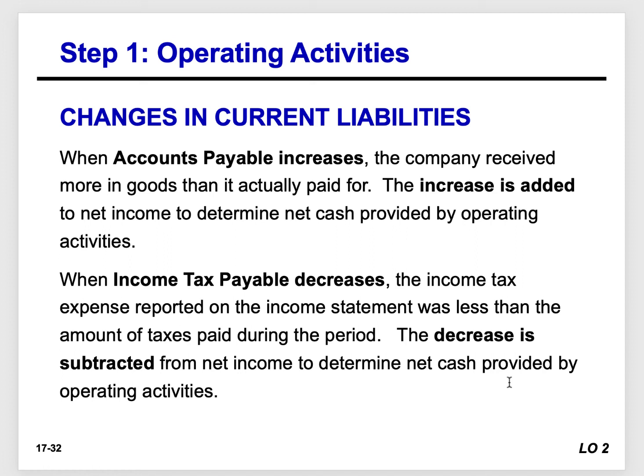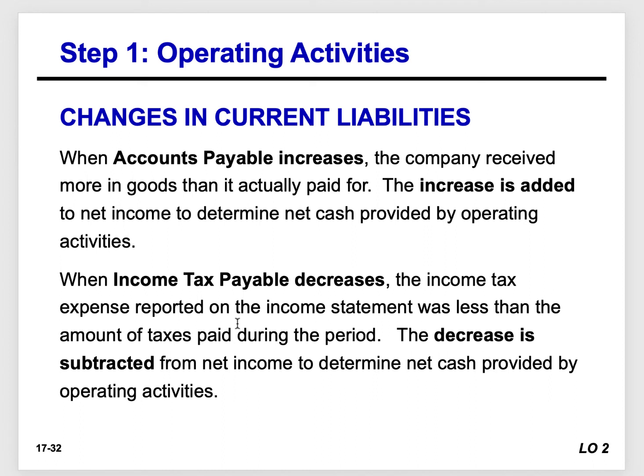So we have another rule here. Current liabilities, right? If current liabilities increase, well, then we have to add that to the net income. Okay? And then look at the second one. They use another payable, right? Income tax payable. What if that goes down, right? What do we do?